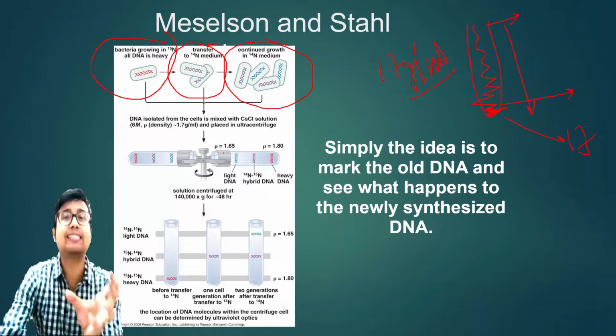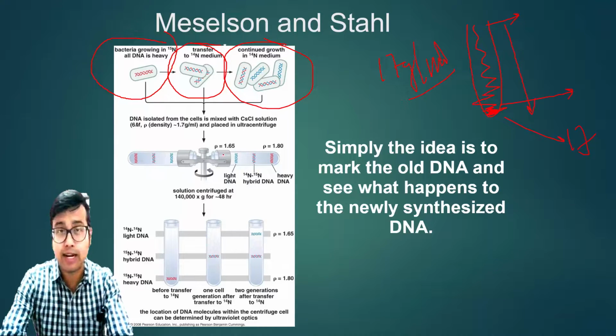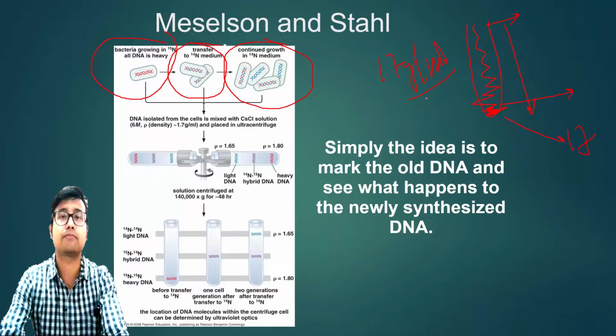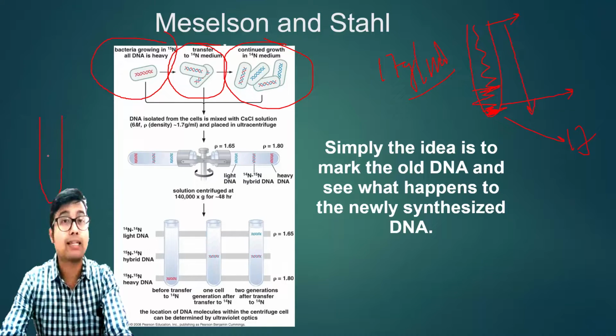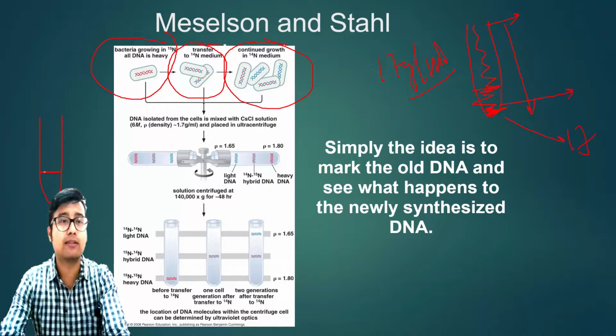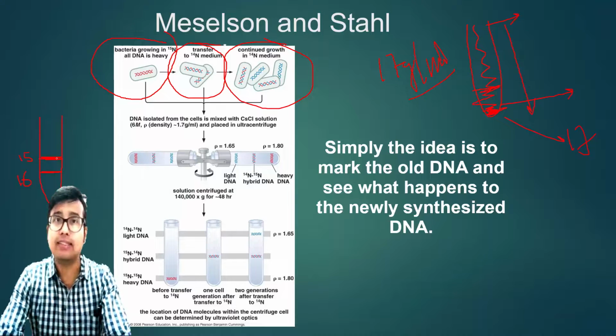As they put these samples into the cesium chloride density gradient solution, the whole bacteria precipitated as a band. Suppose here the density is 16, and here the density is 15. Here we got the band of the bacteria of heavy chain.